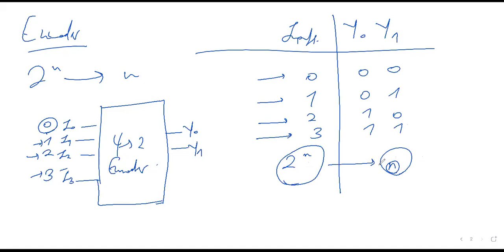In this case, we have a binary number corresponding to the input, which is the decimal number. In terms of a calculator, you have numbers 0, 1, 2, 3, until 9.